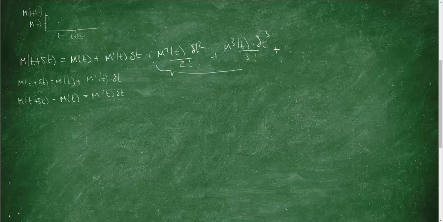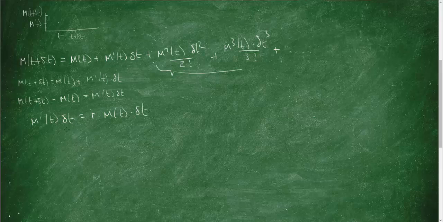So the difference between the 2 points is simply the first derivative of m times delta t. And remember, this is proportional to r times m of t times delta t.